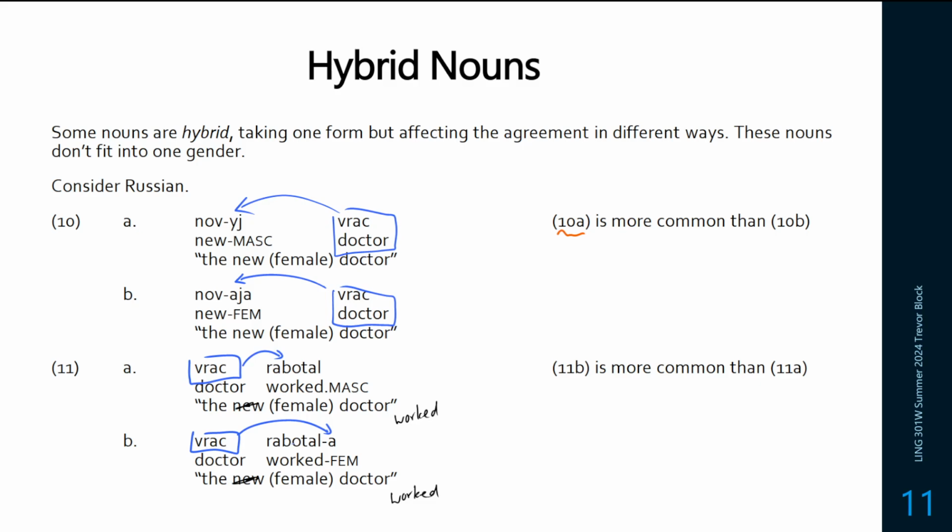And if we're talking about the predicate, doctor chooses the feminine marker a little bit more often than the masculine marker. So there's a set of different preferences too. If it's, how do we say this? If it's adjective noun, what it basically wants most of the time is masculine. If it's going to be noun verb, then what it wants most of the time is feminine, but either is okay. So these are an example of hybrid nouns, and we can find them in any gender system.